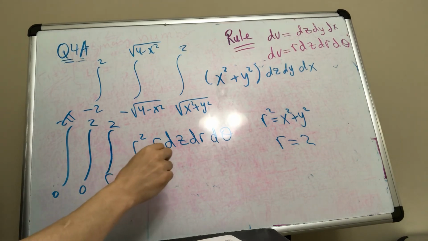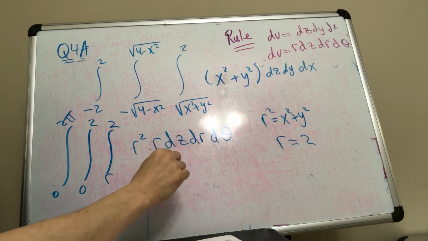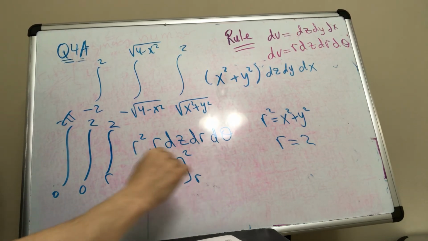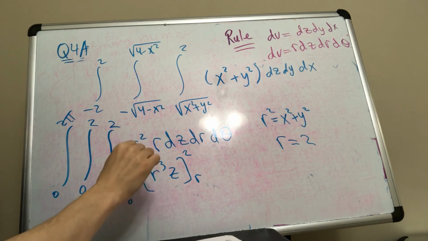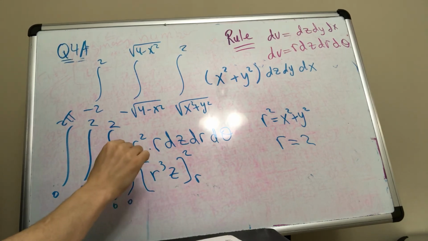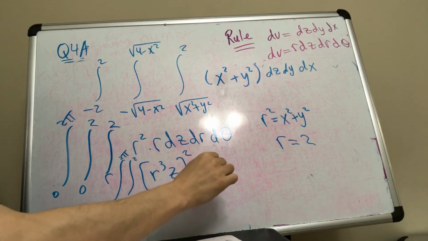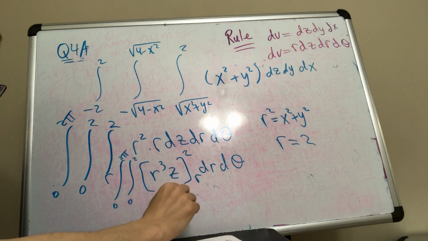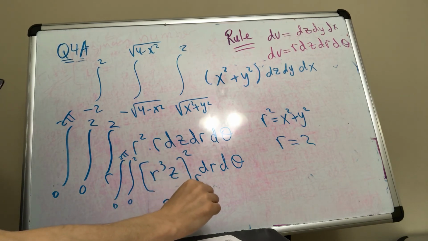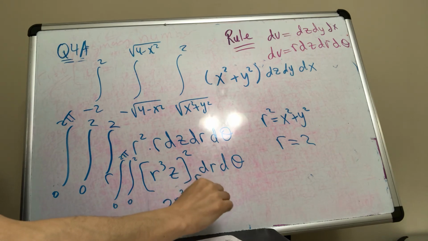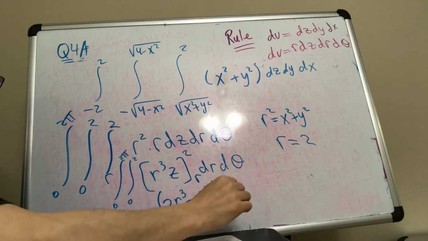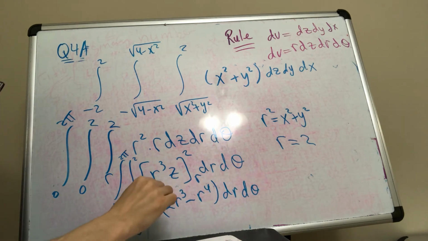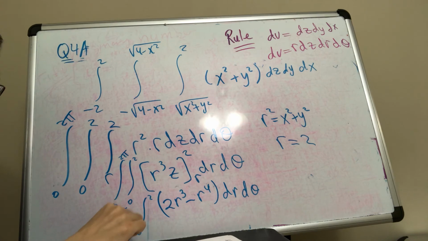So you're integrating r cubed dz, so that's r cubed z, and you put 2 and r, and you still need to integrate from 0 to 2 pi, dr d theta. You plug the 2 r cubed, you plug the r, it will be r to the power 4, dr d theta, and you still have 0 to 2 pi.